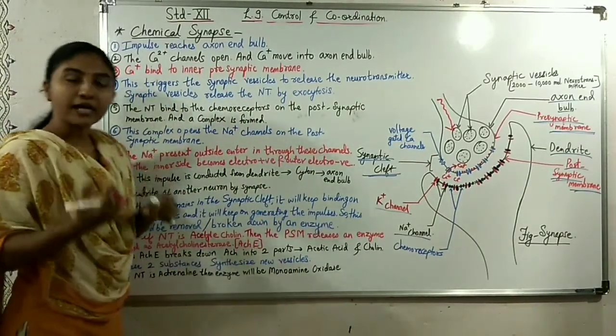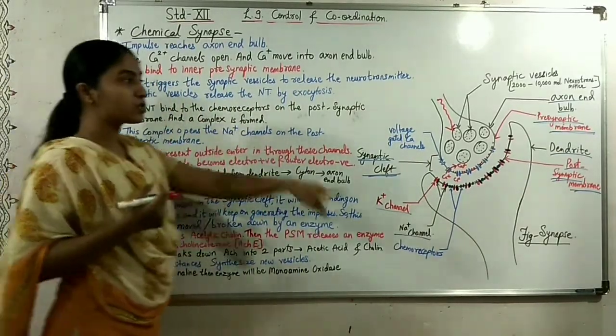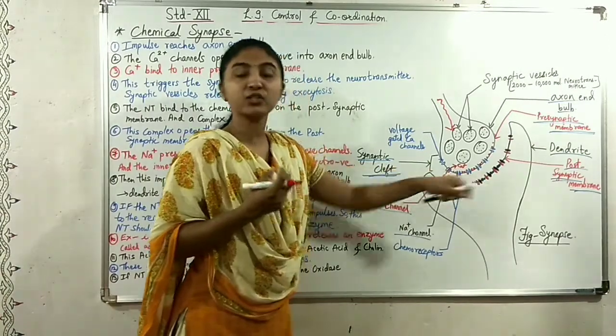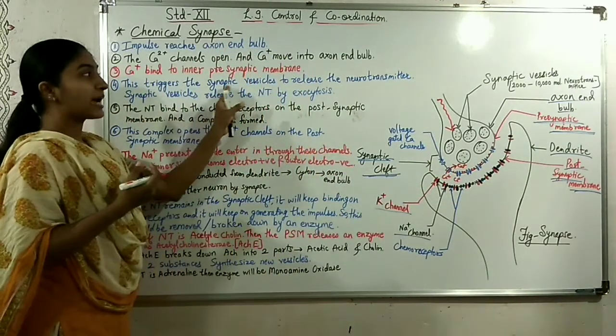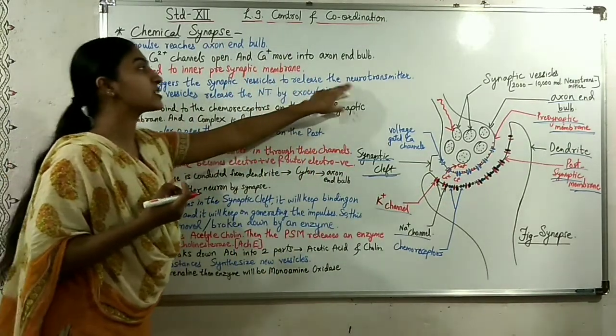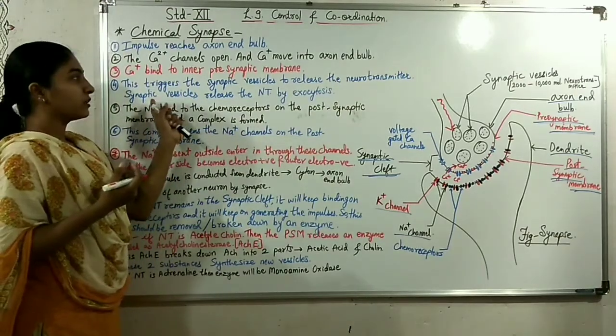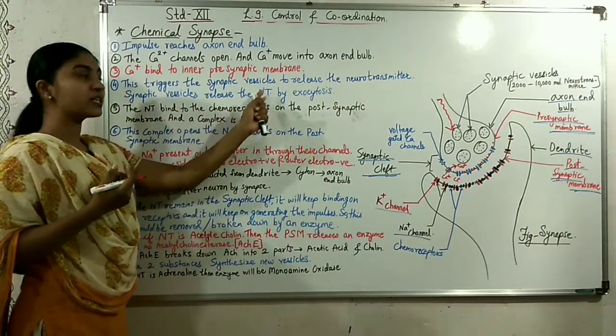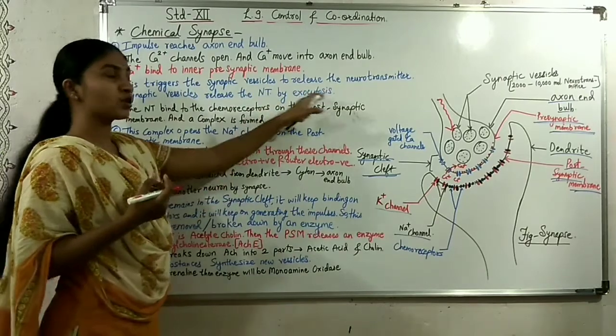This binding of the calcium ions to the presynaptic membrane triggers the synaptic vesicles to release the neurotransmitter. These synaptic vesicles release the neurotransmitter by exocytosis.